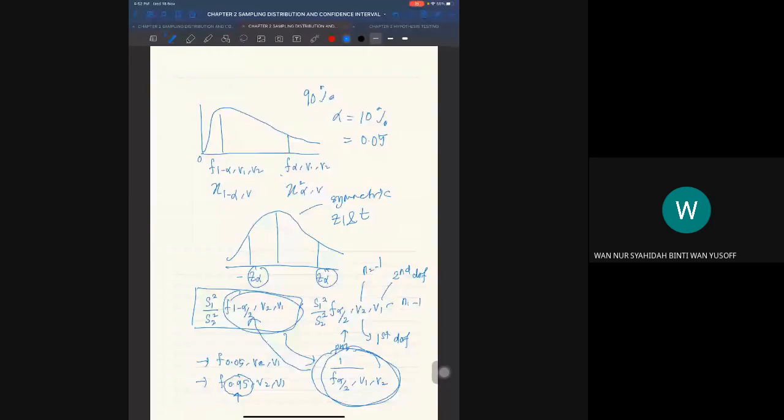The formula is on page 7, so go to page 7. I assume that you have your own statistical table right now. On page 7 we have the confidence interval for the ratio, the formula, and after that you have this formula: F 1 minus alpha, ν2, ν1 equals 1 over F alpha, ν1, ν2. This is a general formula, so we improvise based on what we need.